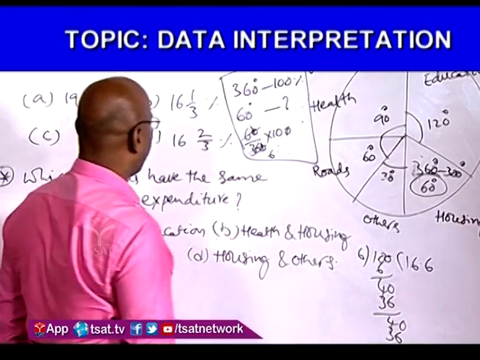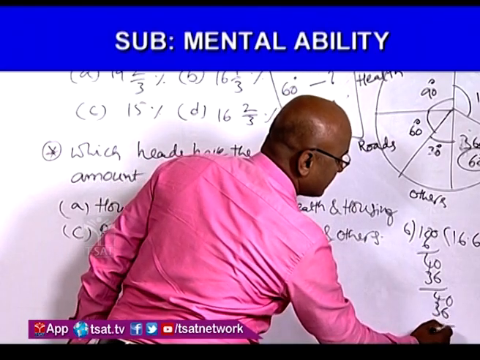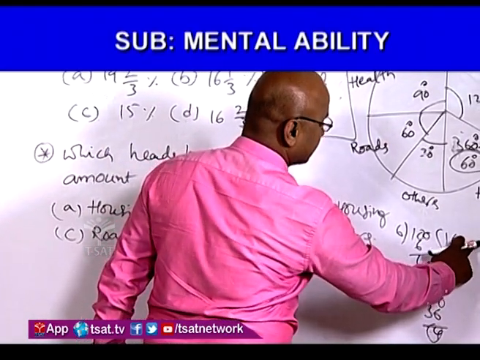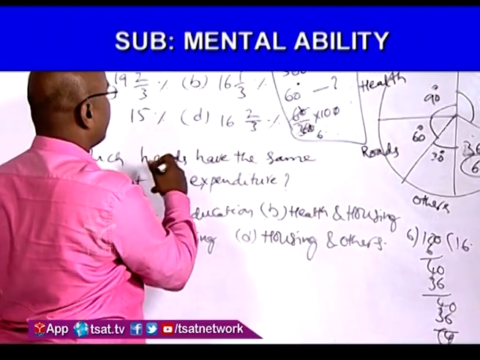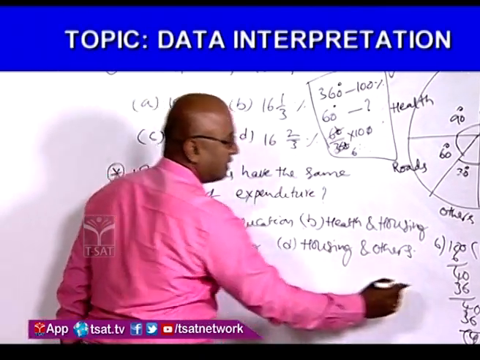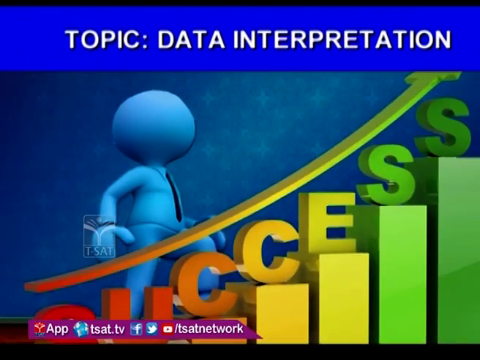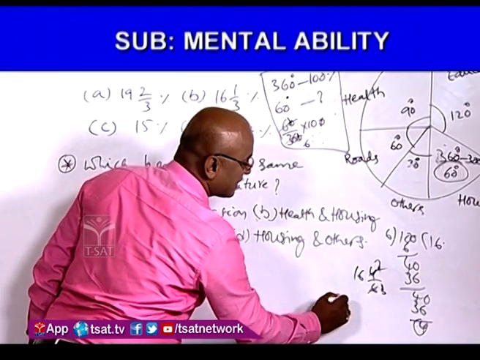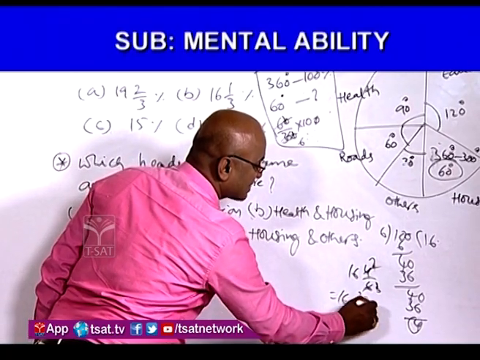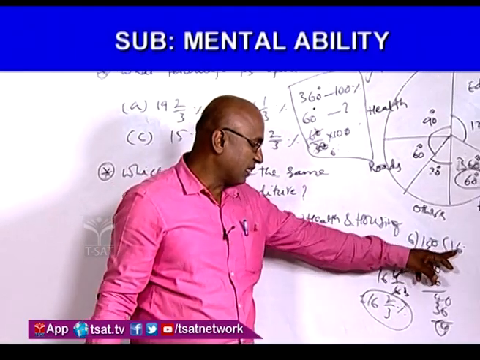So it is 16.6%, or the remainder is 4, so 16 and 4 by 6%. That is 16 and 4 by 6, which simplifies to 16 and 2 by 3%. So 100 by 6 is equal to 16 and 2 by 3%.